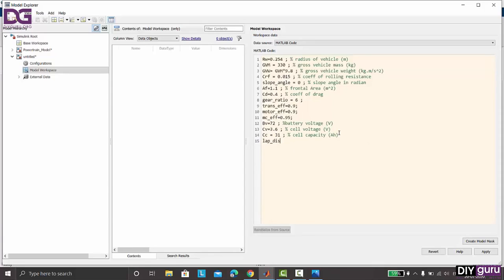Lap distance, that is total lap distance, is 0.787, which we have obtained from Optimum Lab.